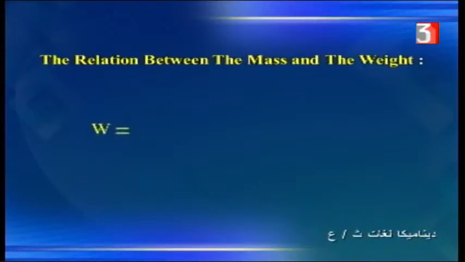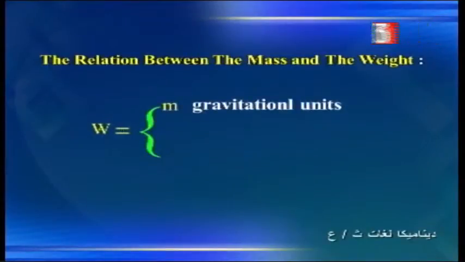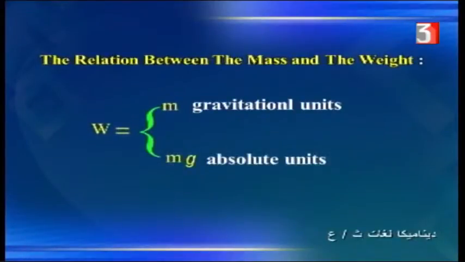Dear students, now we discuss the relation between the mass and the weight. The weight equals the mass of the body when we use gravitational units, or the weight equals mg when we use absolute units.